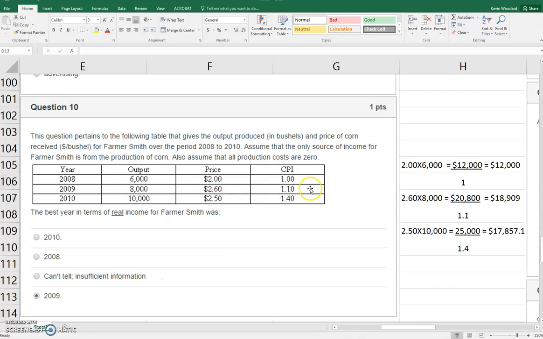Here's a situation where we had to go back and compare our output versus price. And then we looked at the individual years. So 2008, we had $2 as our price, and we produced 6,000 of those. So that is our base year at 12,000.